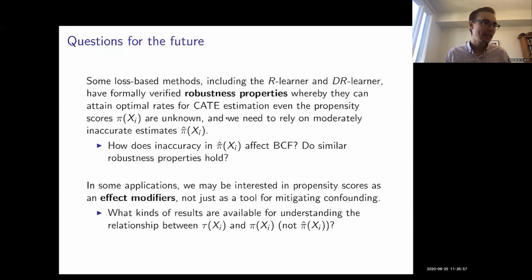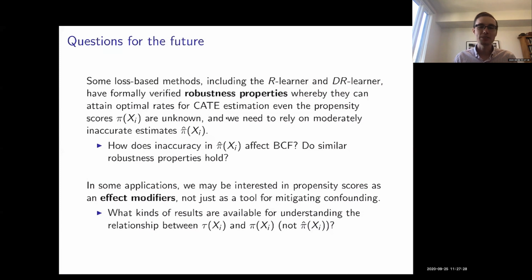The other thing I was thinking about: here we've been talking about the propensity scores playing a central role in getting rid of confounding, and you can't avoid that. But in some cases, you might actually be interested in the propensity score as an effect modifier. For example, there's a line of work by Brand where they ask what is the benefit of going to college?